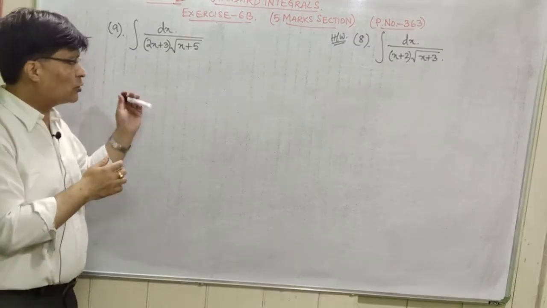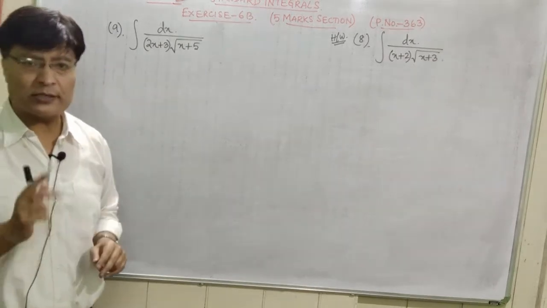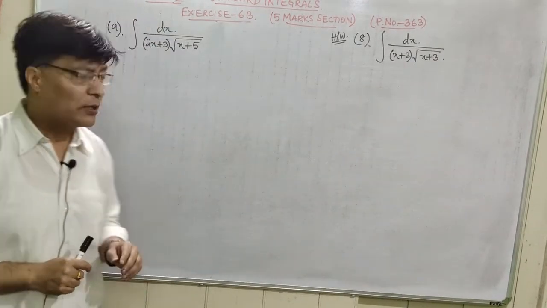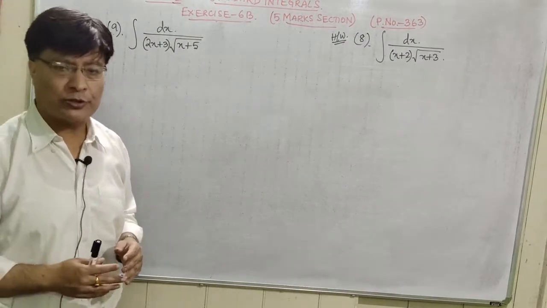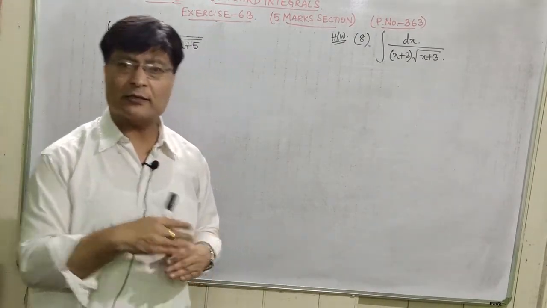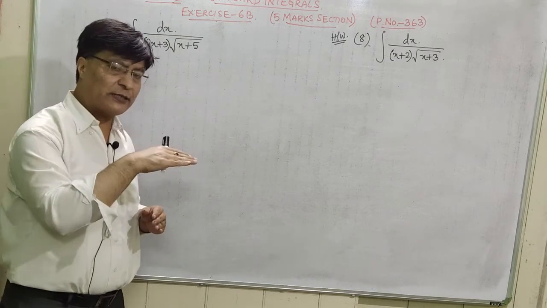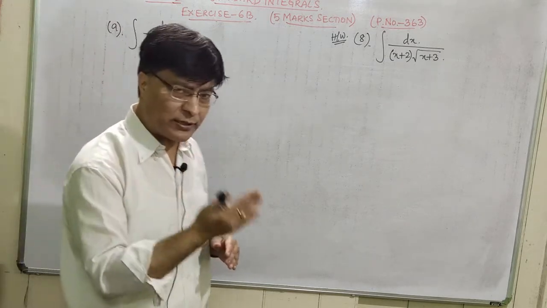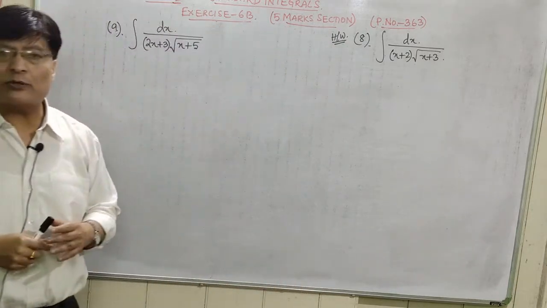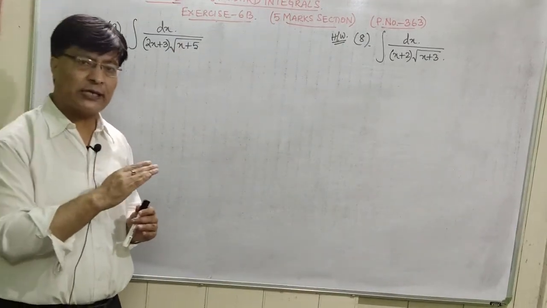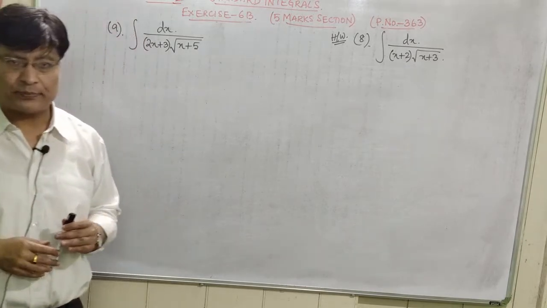Just now I told you about the two methods of integration. For question number 8 and question number 9, which method is used, the first method or the second method? The first method was assuming the expression under the square root as z square, and the second method was assuming the expression outside the square root as 1 upon z.